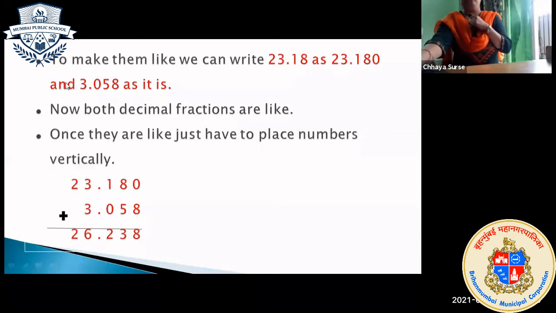Then both decimal fractions will be like 3.058. Now both the fractions are the same. 23.180, because here there were only 2 decimal places and here 3. That's why we have taken an extra 0. We added one 0. Now both decimal fractions are like.